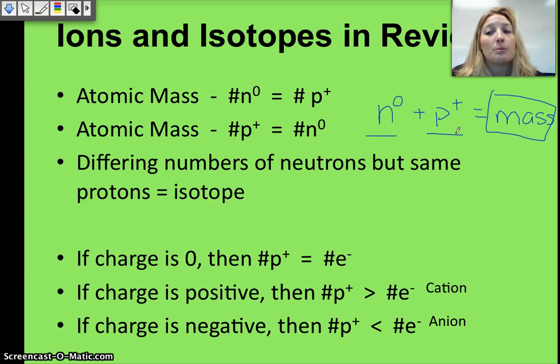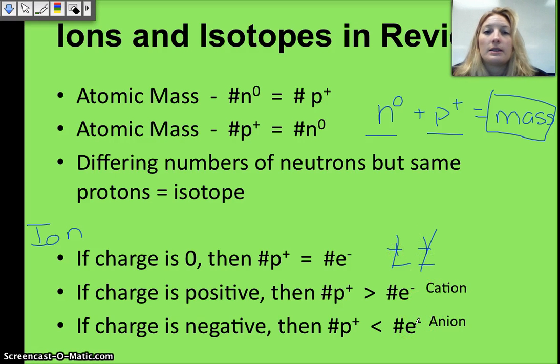So when we have different number of neutrons, but the same number of protons, we have an isotope. Remember, protons never change. Then, ions, therefore, have changing electrons. If the charge is 0, then our protons and electrons are the same. All of those protons and electrons have neutralized each other.